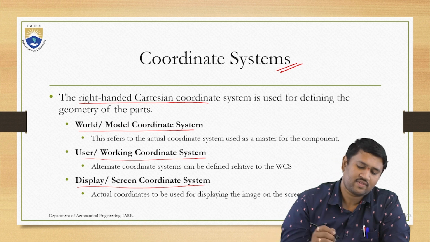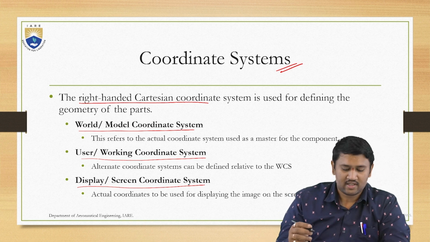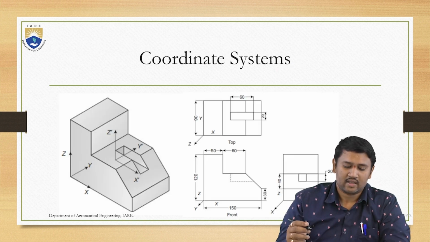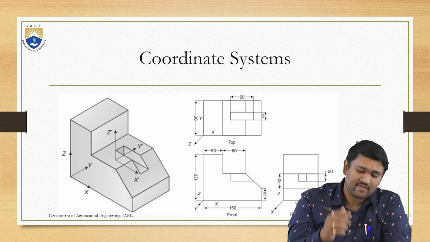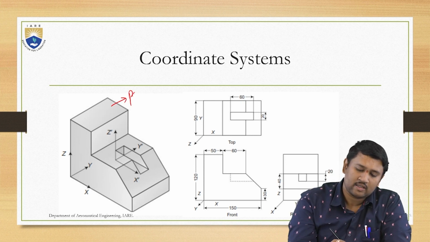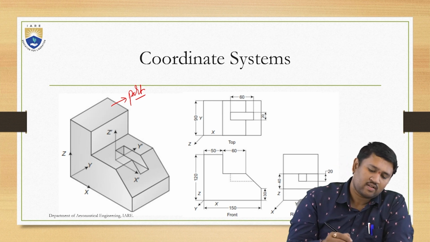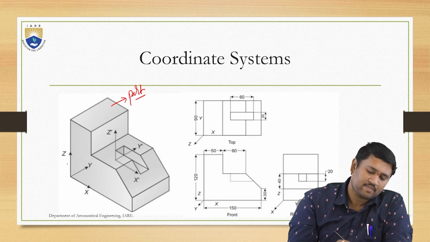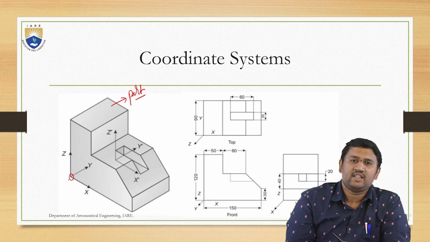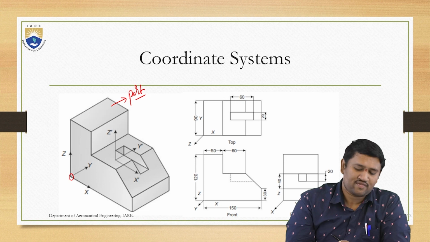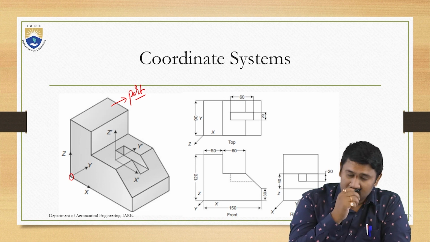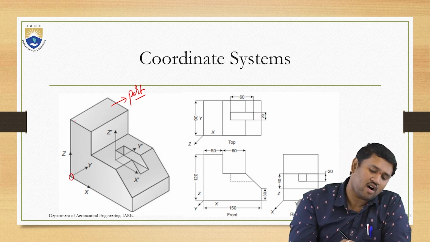In this, first, the world coordinate system. We'll discuss all three, right? With an example, let's say we consider this as a part. Any part starts with the origin that is defined in your CAD software, which is the common coordinate system for all the edges as well as your vertices.